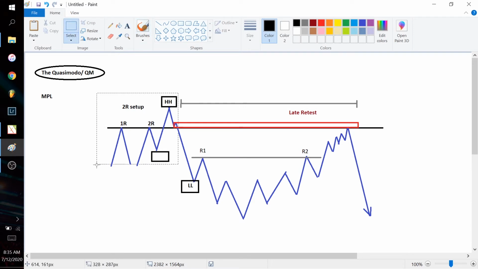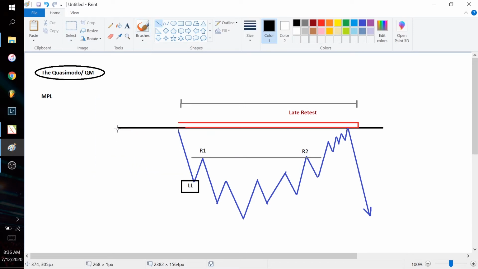Basically, we have this here. Assuming now you have a high, you have a low, you have a higher high. What I want to see is when price comes back to this QM shoulder over here, I want to call it the QML.